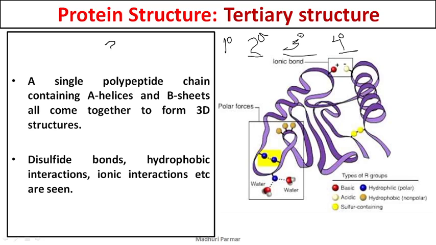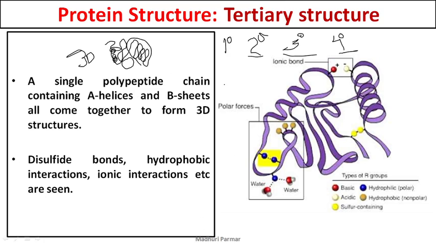Let us say this is your alpha helix, and then there is some free polypeptide chain, and then there is this beta sheet. Then it is folded like this. So this will be in 3D. There will be a three-dimensional structure to it, and this is called nothing but the tertiary structure. It looks more like a ball, or it has some specific shape.